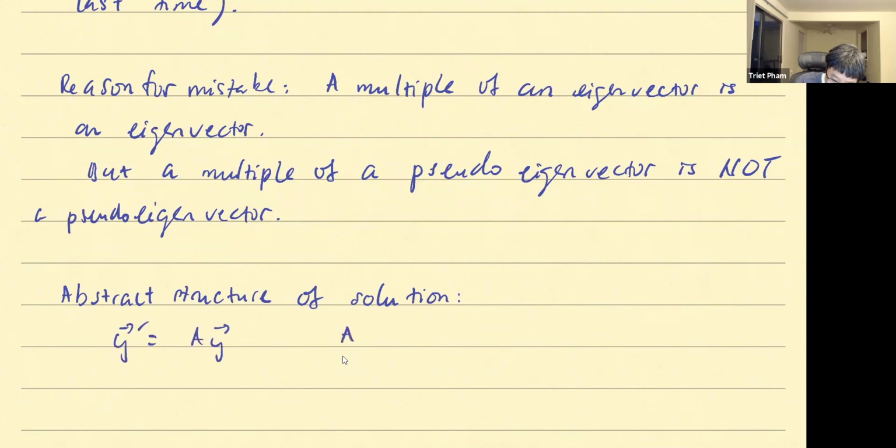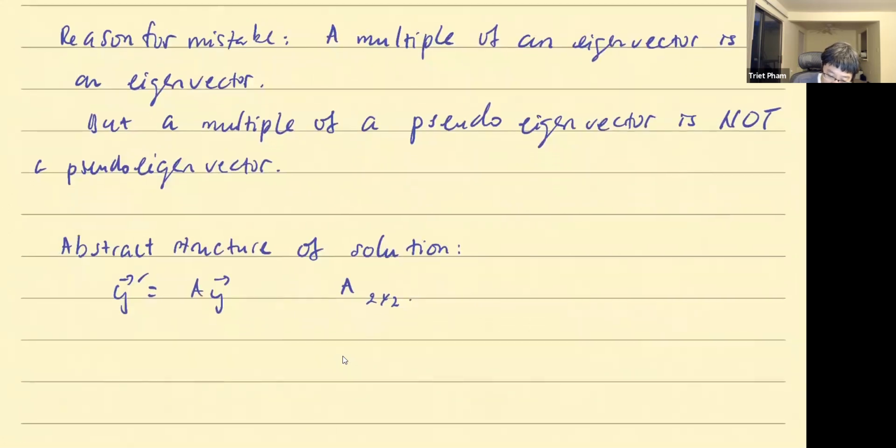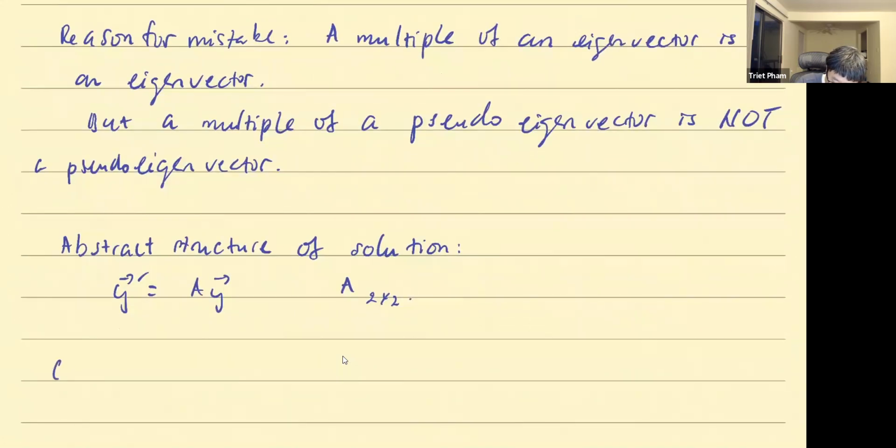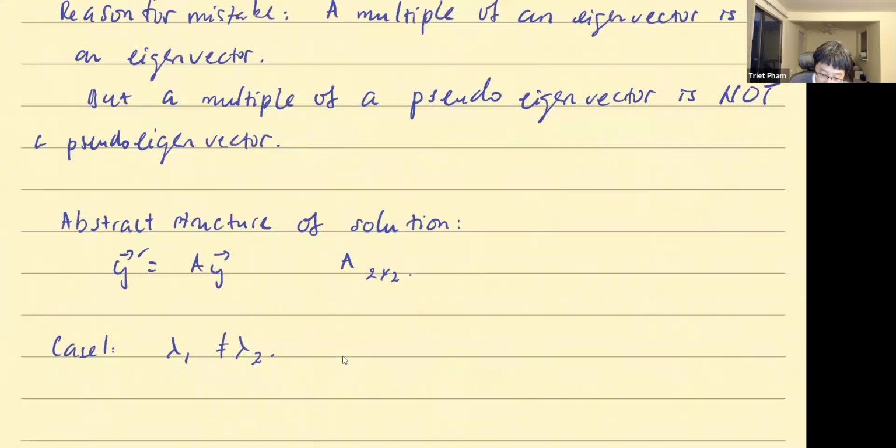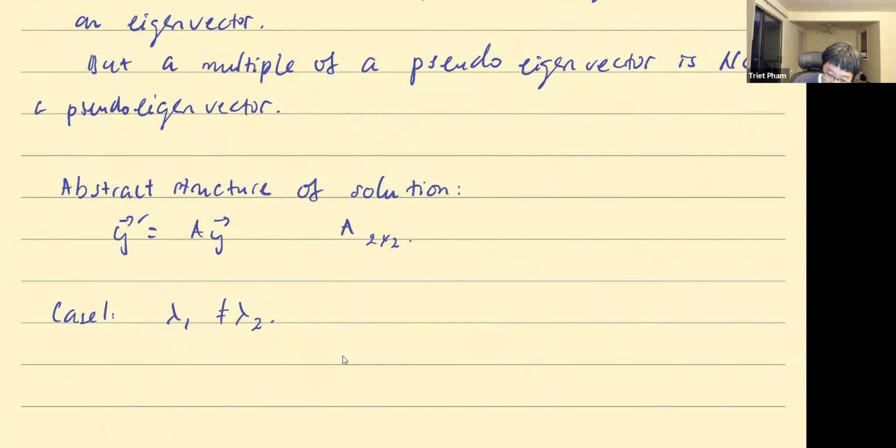Let's suppose A is 2 by 2. I consider case 1, where I have lambda 1 and lambda 2. They're different. Lambda 1 not equal to lambda 2. So I have two vectors, v1 and v2.